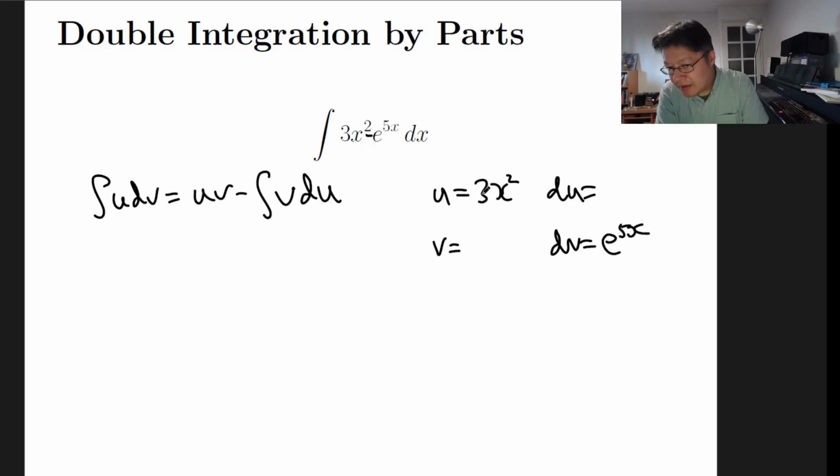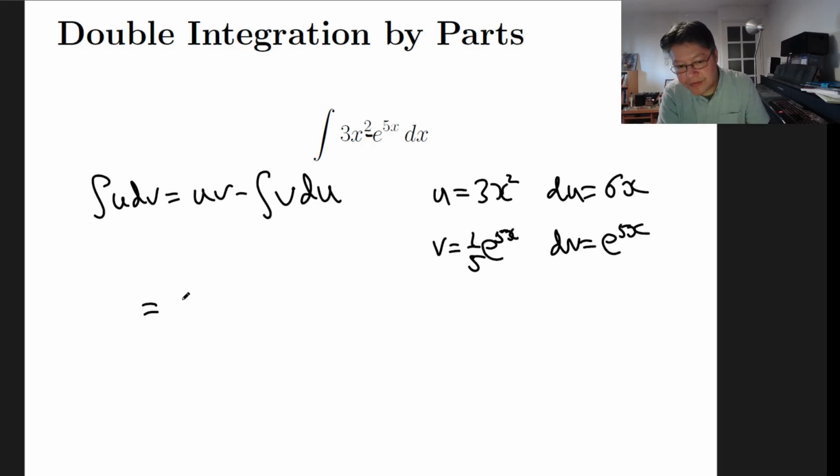And now we can differentiate this way to give us 6x. We'll integrate this way to give us 1/5 e to the 5x. And now let's apply the by parts formula. So this equals uv, which is this here.